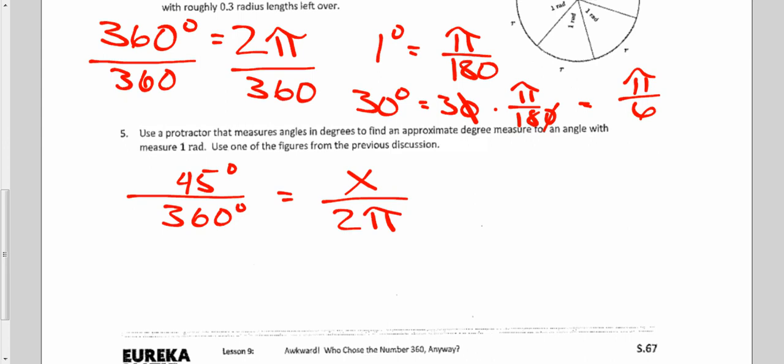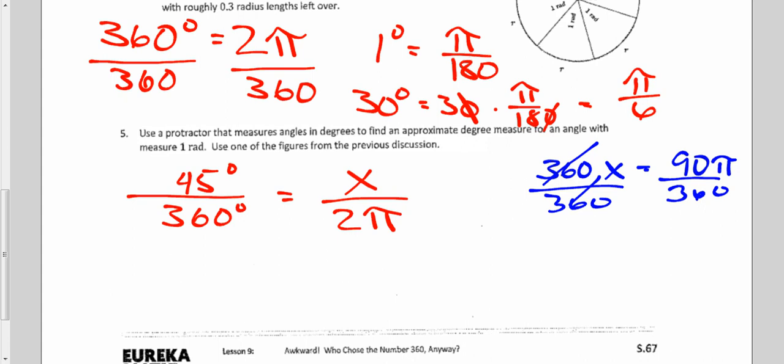So if I cross multiply, I get 360x equals 45 times 2 pi. That's 90 pi. And then, how do I solve for x? Divide by 360. X equals 90 pi over 360. Can I simplify that? Pi over 4.